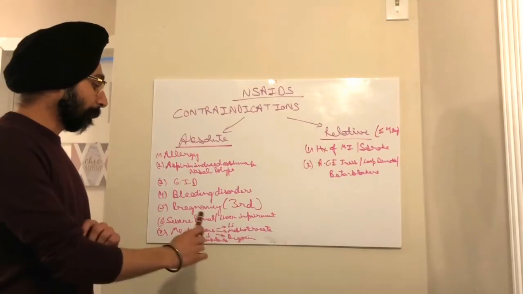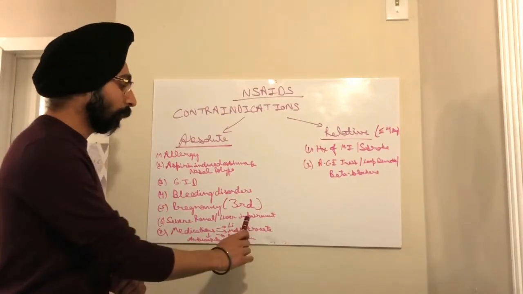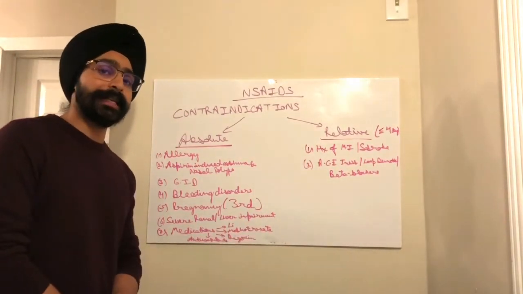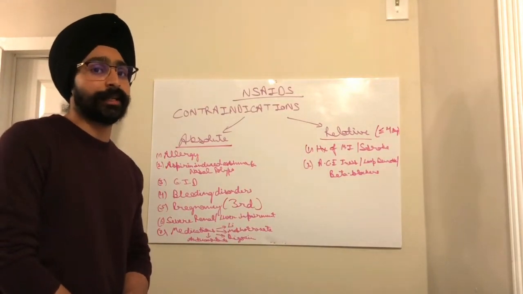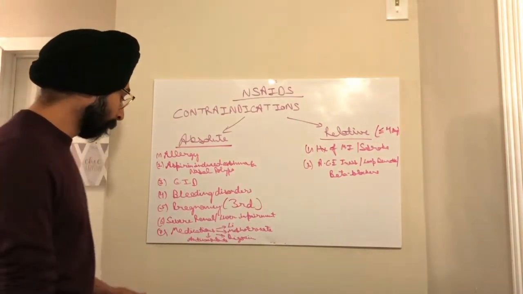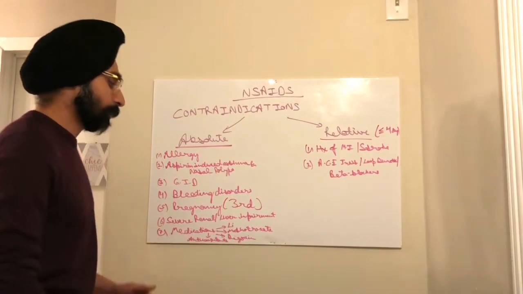Next group is if a patient has severe renal or liver impairment, for example, end-stage renal disease or end-stage liver disease or cirrhosis. Next group is medications.